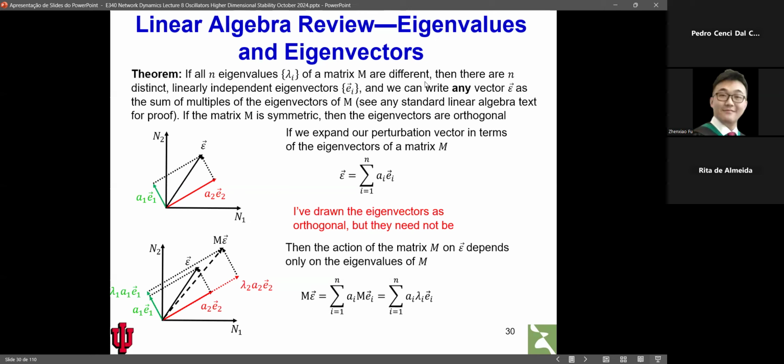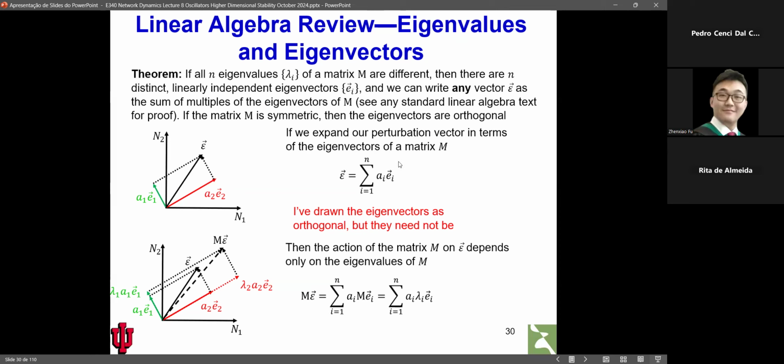And we can write any vector epsilon as the sum of multiples of the eigenvectors of M, a linear combination of them. And if the matrix M is symmetric, then the eigenvectors are orthogonal, and writing this is even easier. So we can expand our perturbation vectors in terms of the eigenvectors of the matrix M. So you can have epsilon equal to something like that.